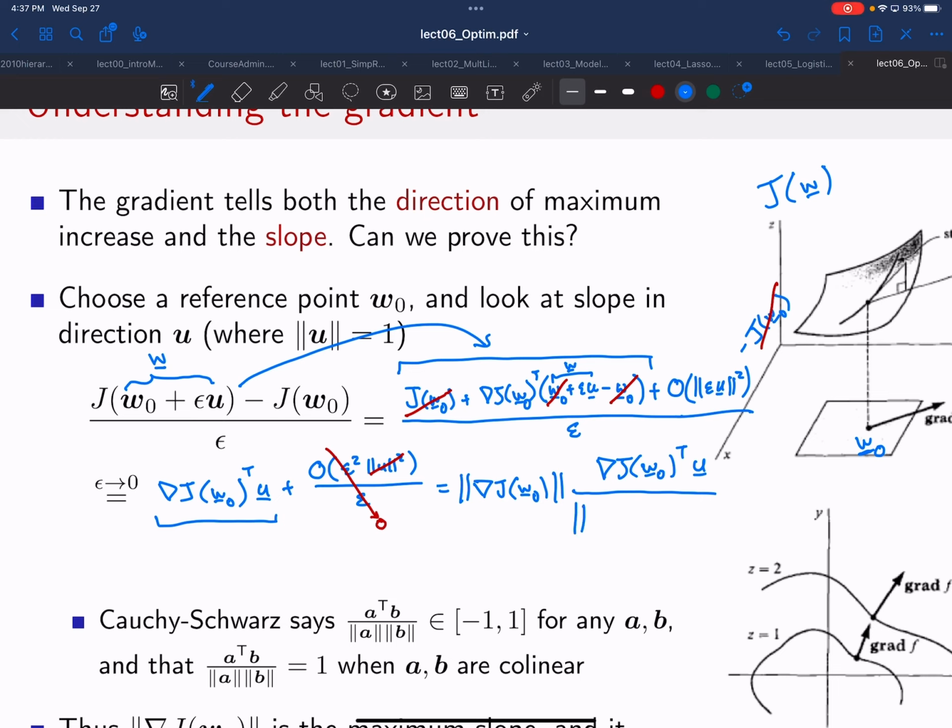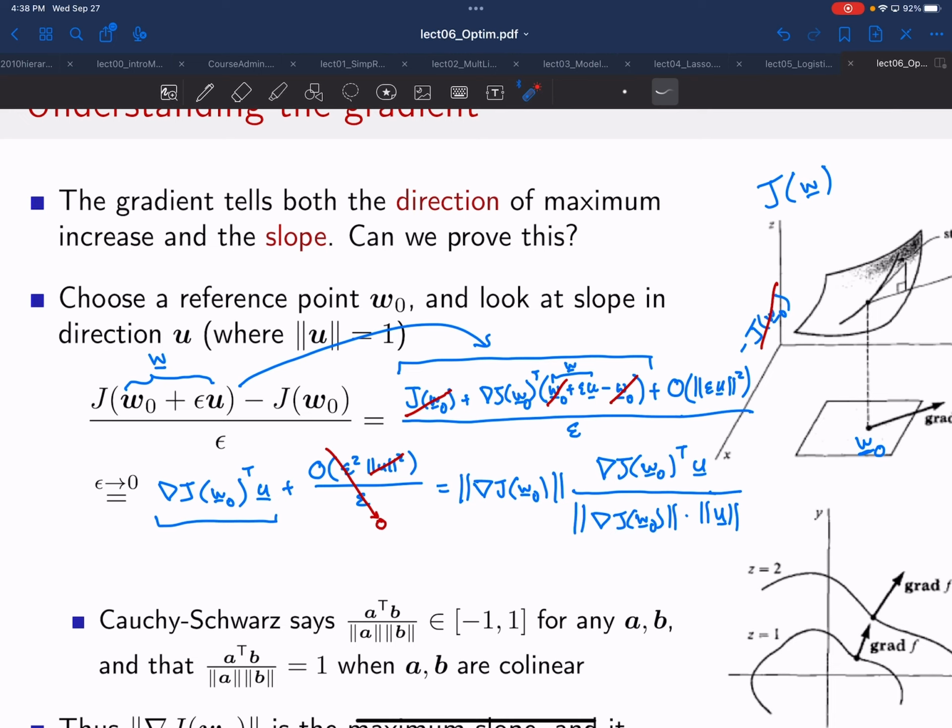And then in the denominator, I'm again going to have the norm of the gradient, and the norm of u. So hopefully you'll believe me that this is the same, because remember, I'm multiplying and dividing by the norm of the gradient, so those cancel. And then the norm of u was 1, so I can sneak that in there too. And then this is what I had before. So I'm just writing this in a slightly more complicated way, but it's going to be useful in just a second.